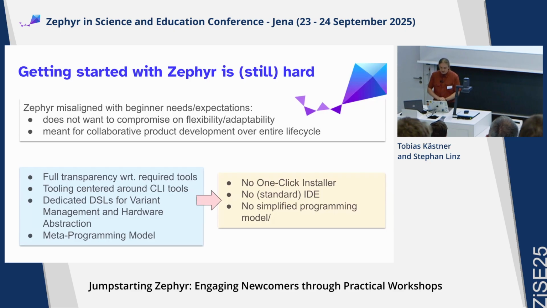And probably the hardest to get into is that because it's using dedicated domain-specific languages for different aspects like the variant management and the hardware abstraction, there's also no simplified programming model. You just have to write the real code. There is no setup loop simplification that we're used to from Arduino, or higher level functions like what you would find in CircuitPython or MicroPython.